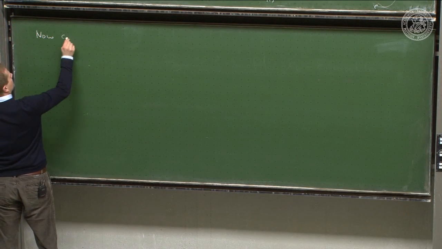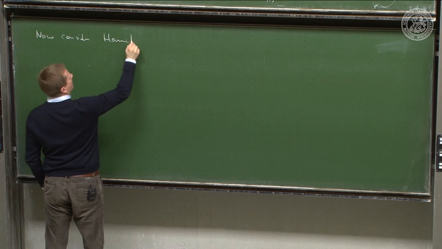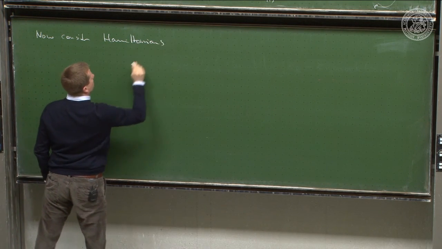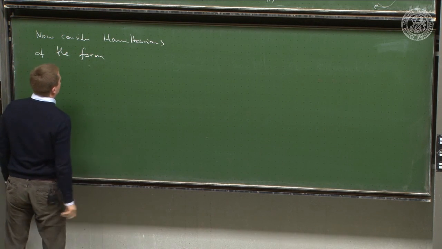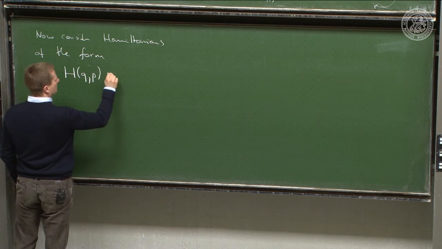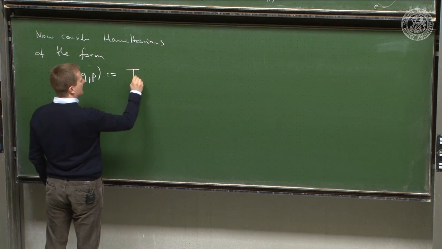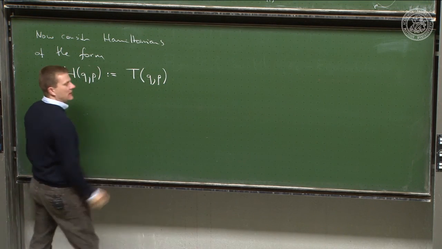Now consider Hamiltonians of a special form. That special form is that the Hamiltonian of q and p be given as a kinetic part, but the kinetic energy part may also depend on the q's.